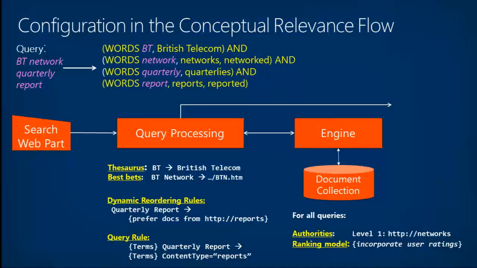We have a system called dynamic reordering rules, which lets you take the results and tweak them a little bit. So, for example, if I know that my quarterly reports are in a particular site, when a query mentions quarterly reports, I can boost things from that site. In fact, I can actually decide that if I mention the word quarterly report, maybe there's a better query I should have issued where I'm going to reformulate it to mention that I really want something with content-type reports.